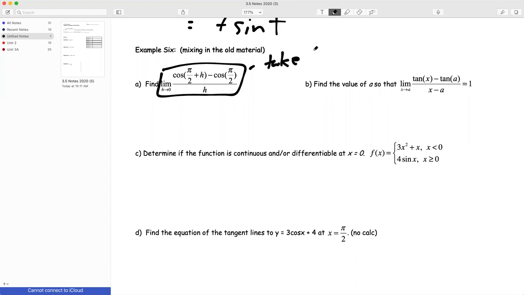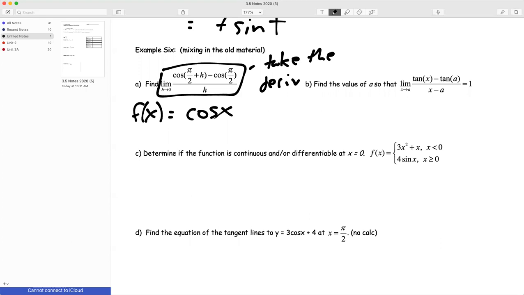Take the negative sine, the derivative. Well, that's helpful, but what is my equation? It's cosine of x. So f of x is equal to cosine of x.